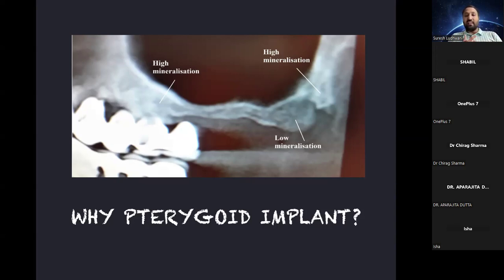That's why a tilted implant was planned in the premolar region. But when we talk about the tuberosity, we have all studied that it has the most porous bone, D4 or D3 most of the time. Then how can we place implants in the tuberosity region? Then came the concept of pterygoid implants.